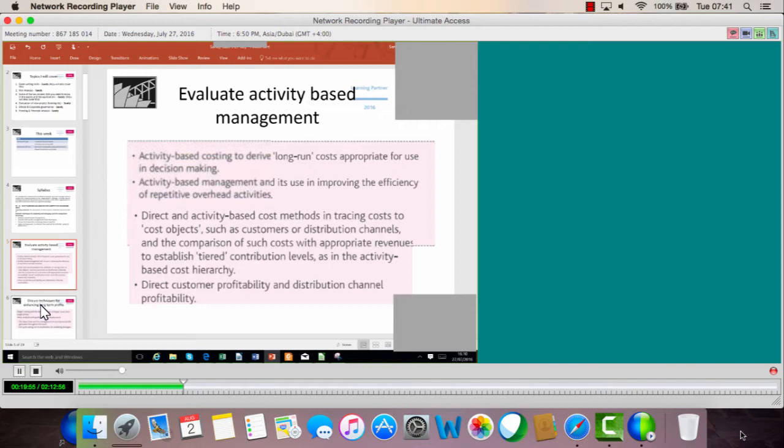ABM and its use in improving efficiency in repetitive activities, and then the direct and activity-based cost methods in tracing cost objects. And we will look at product profitability analysis, customer profitability analysis, distribution channel profitability analysis.